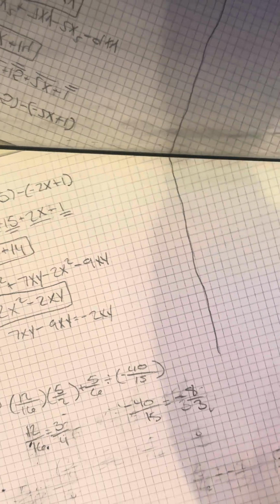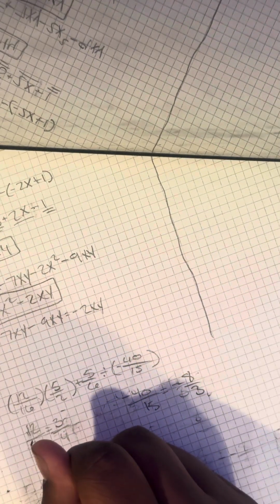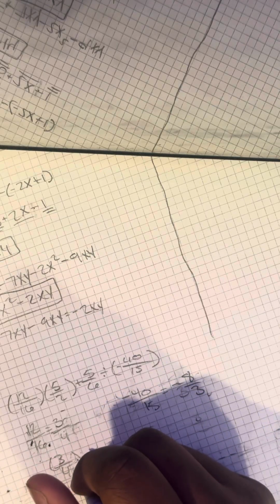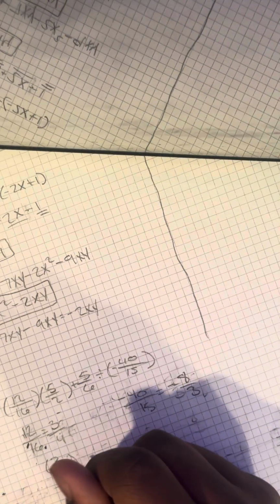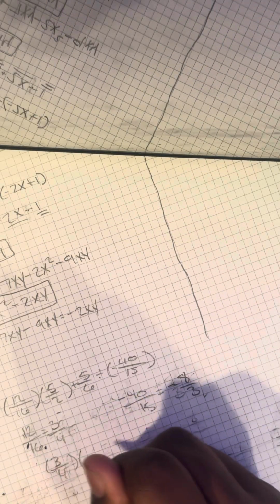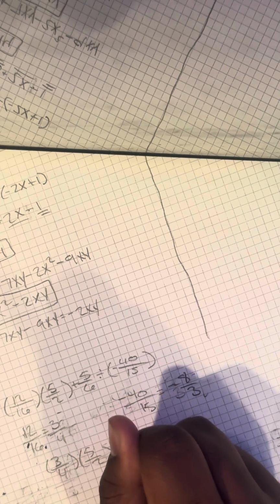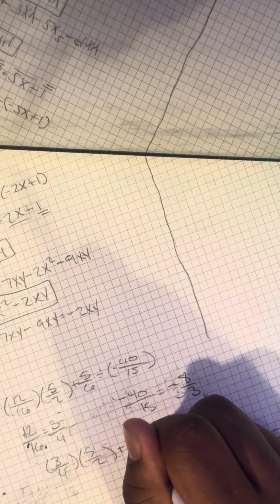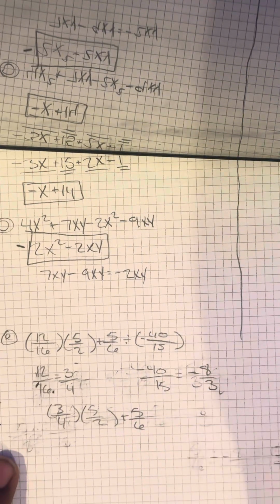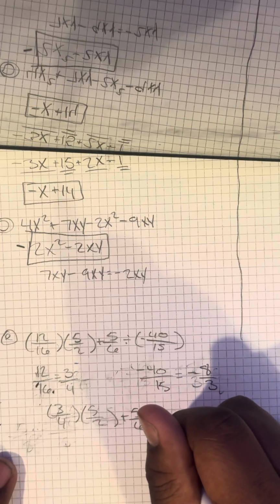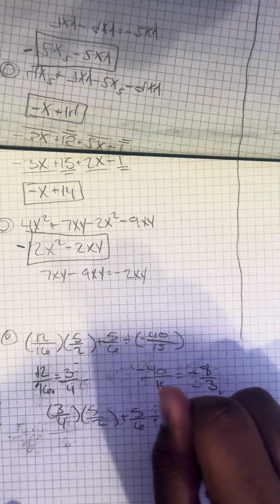We can work with our parentheses first. Let's rewrite everything first before we start solving: 3 over 4 times 5 over 2, plus 5 over 6, divided by negative 8 over 3.